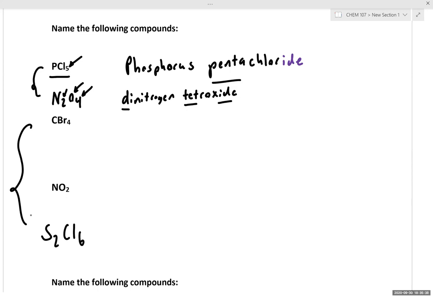And let's try to get a few more responses before we discuss in about another 2 minutes. And if you have any questions naming these compounds, don't be shy to ask.